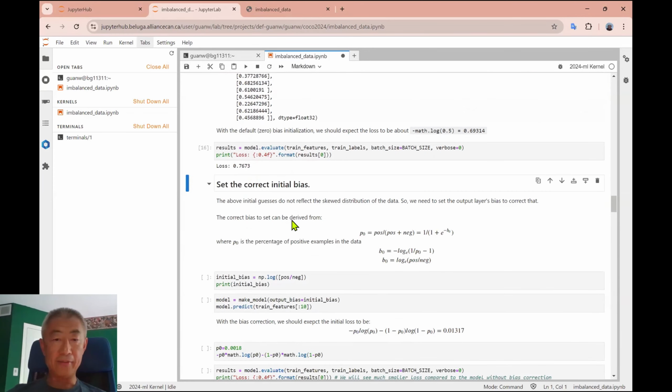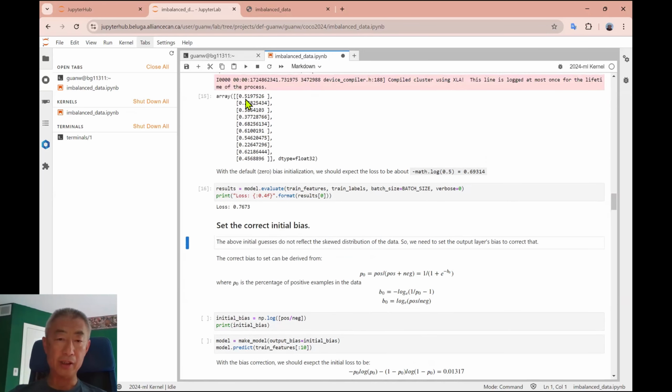And next, we're gonna change the bias. Why do we do that? Because here we want the output to give a similar distribution to the true distribution of the data.